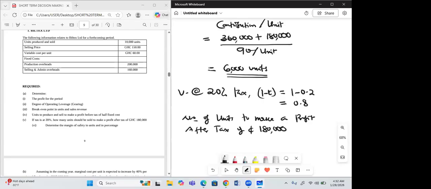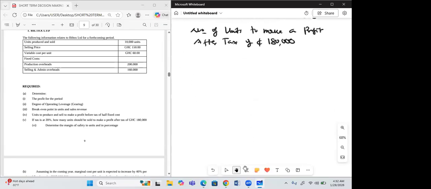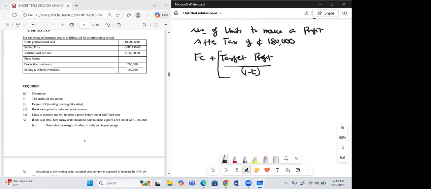We say the fixed cost plus the target profit. This time there is a tax, so the target profit is divided by the tax factor, right? Before you divide it all by the contribution per unit.